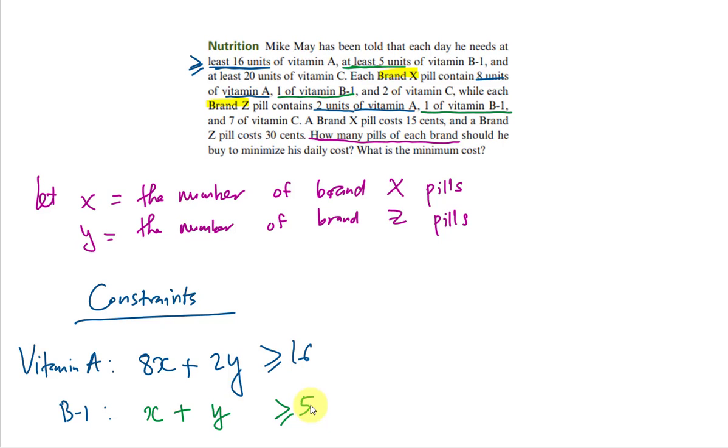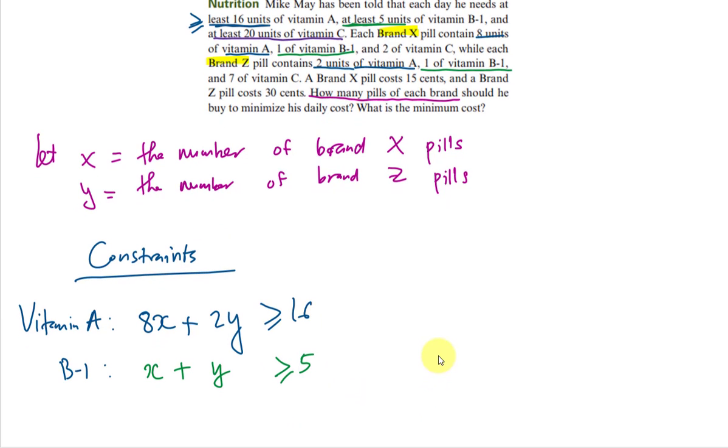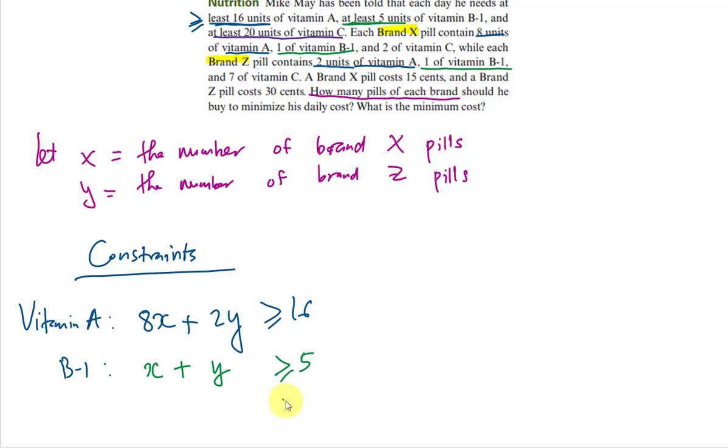And then lastly, we have the constraint imposed by the amount of vitamin C. For vitamin C, he needs at least 20 units daily, so bigger than or equal to 20.